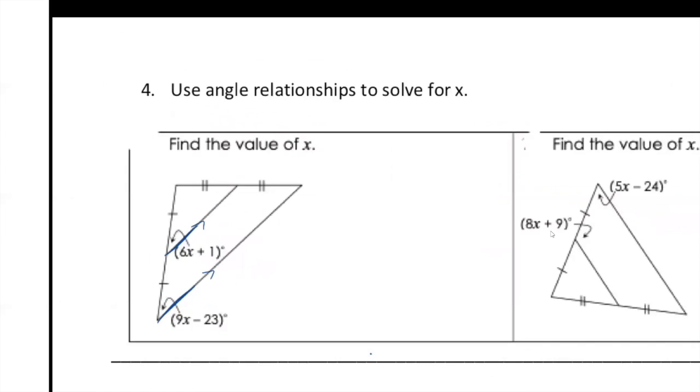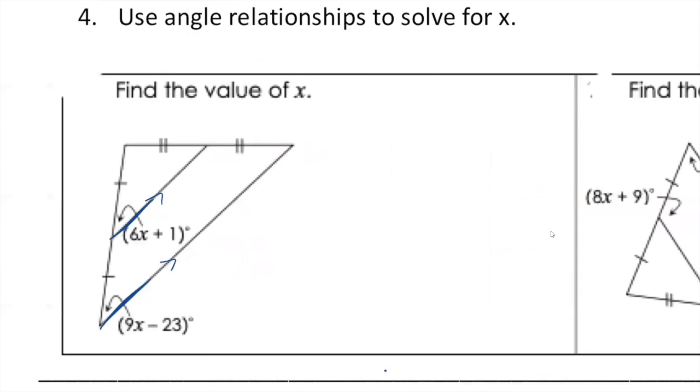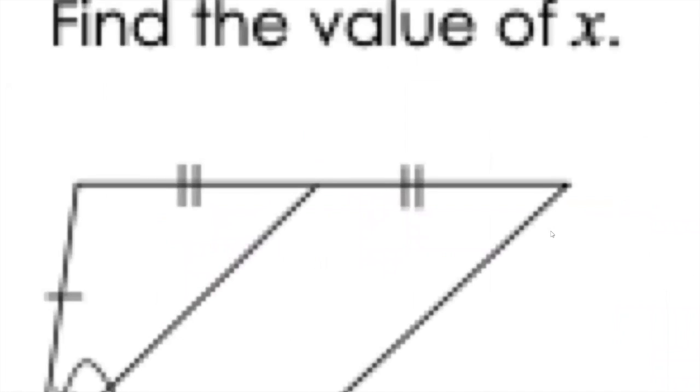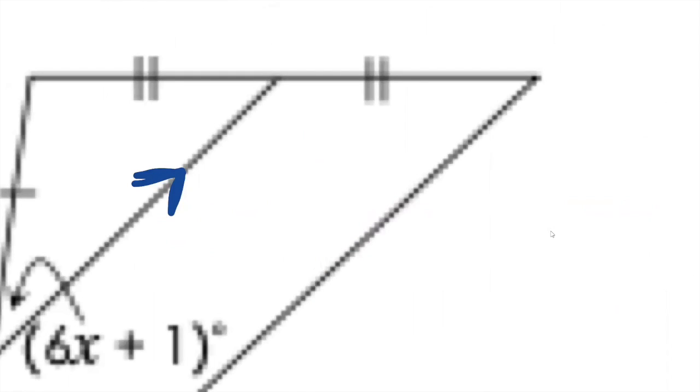Number 4, use angle relationships to solve for x. Remember, when these lines are formed, what do we know about a mid-segment and its corresponding third side? They are parallel. They're not congruent. They're parallel, and then the mid-segment is half the value of our third side.